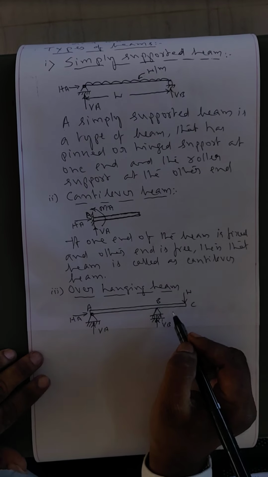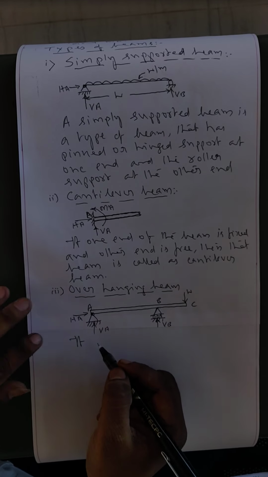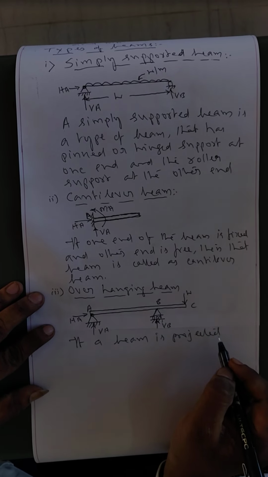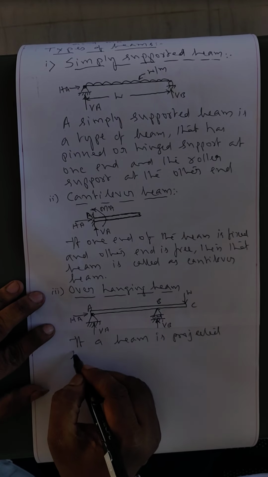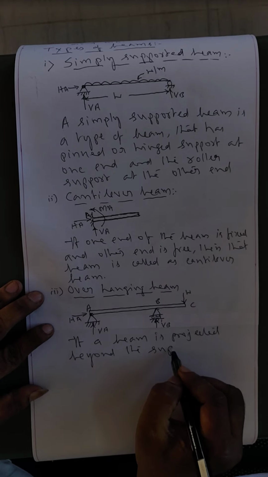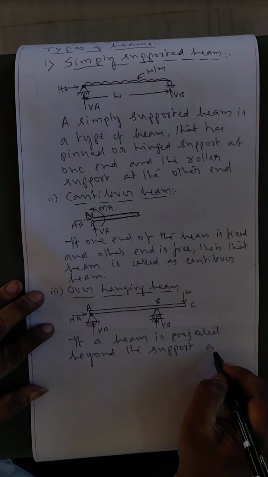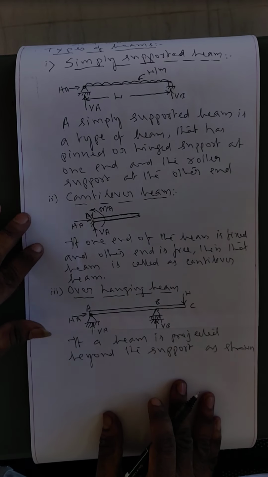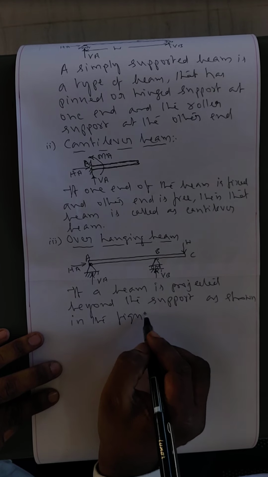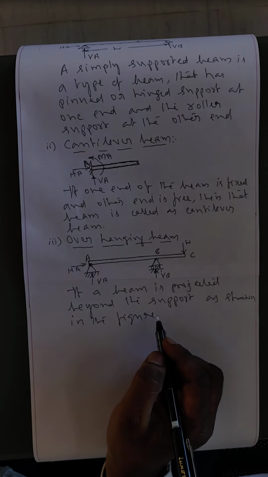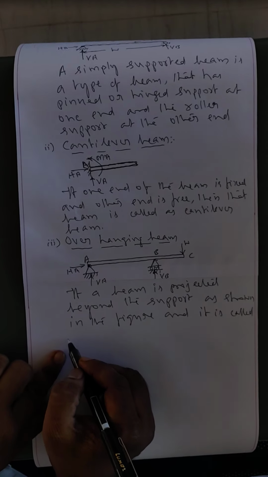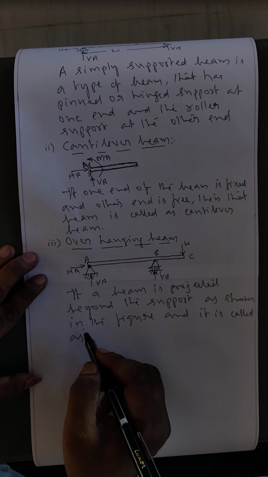If a beam is projected beyond the support as shown in the figure, it is called an overhanging beam.